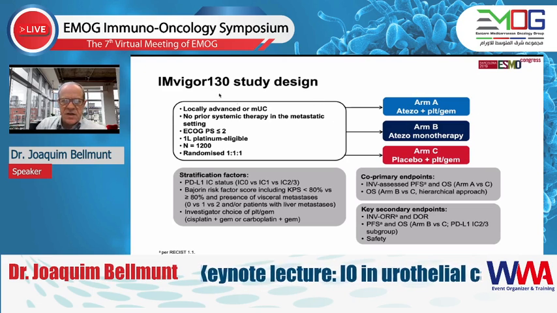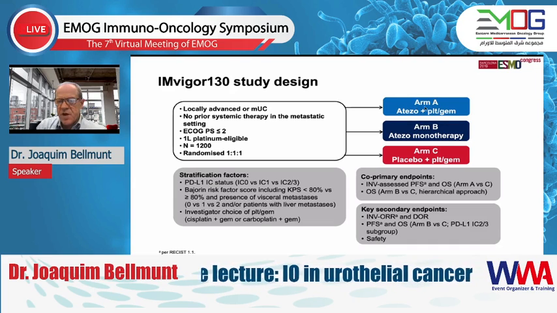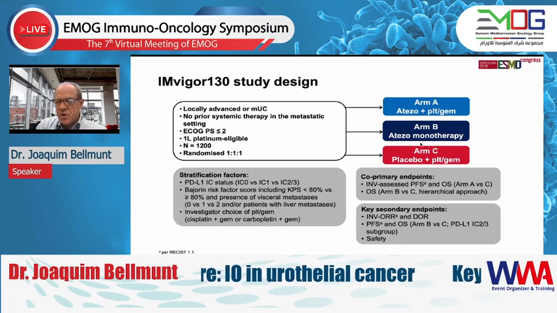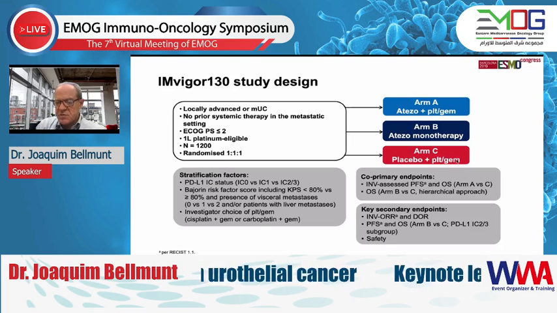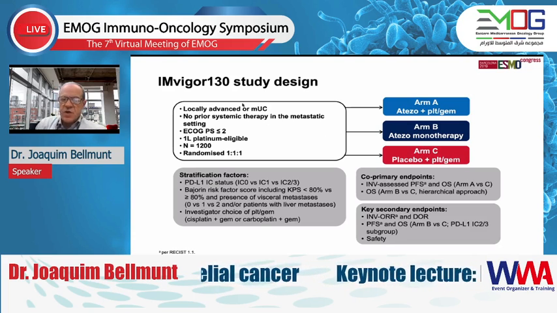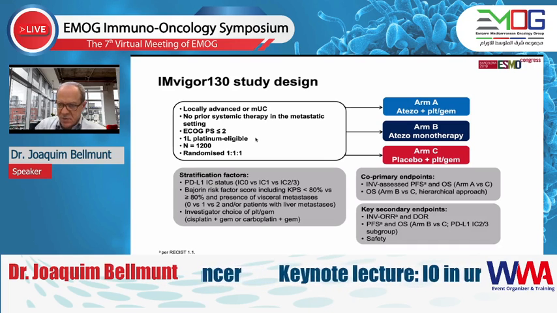You can see here, this is the IMvigor 130, where immunotherapy plus chemotherapy is being compared with immunotherapy monotherapy or placebo plus platinum-gemcitabine, and this could be carboplatin or cisplatin. Those are first-line patients, including platinum eligible and platinum ineligible.